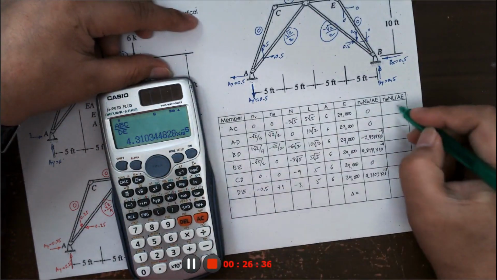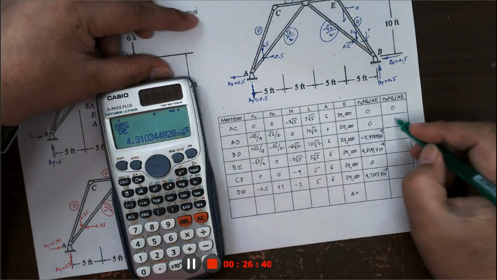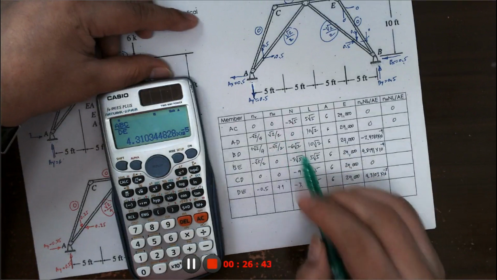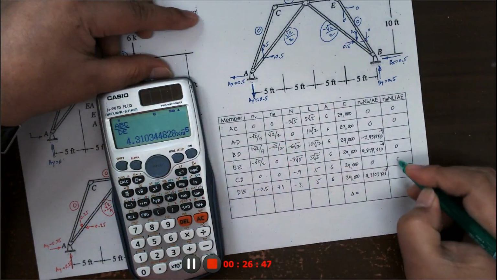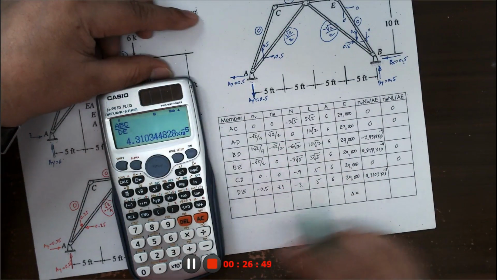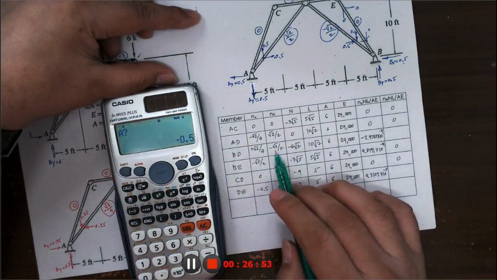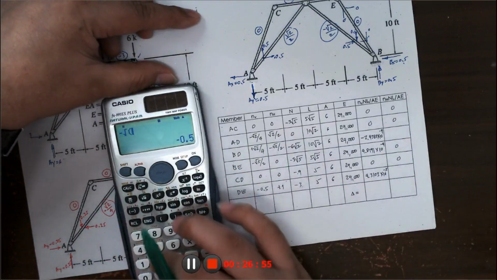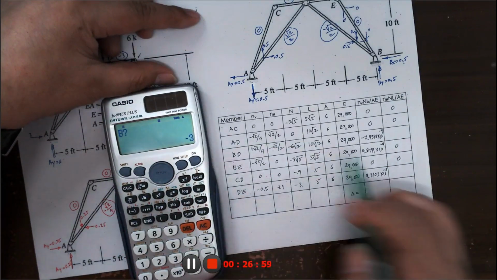So 0 N times N and 0 kini, okay kana 0. And then so dito calc A negative square root of 2 divided by 2.